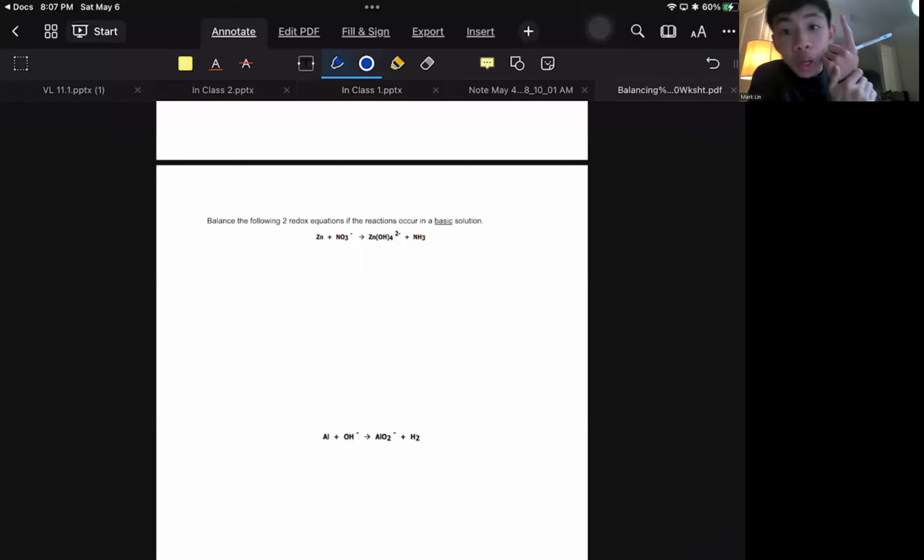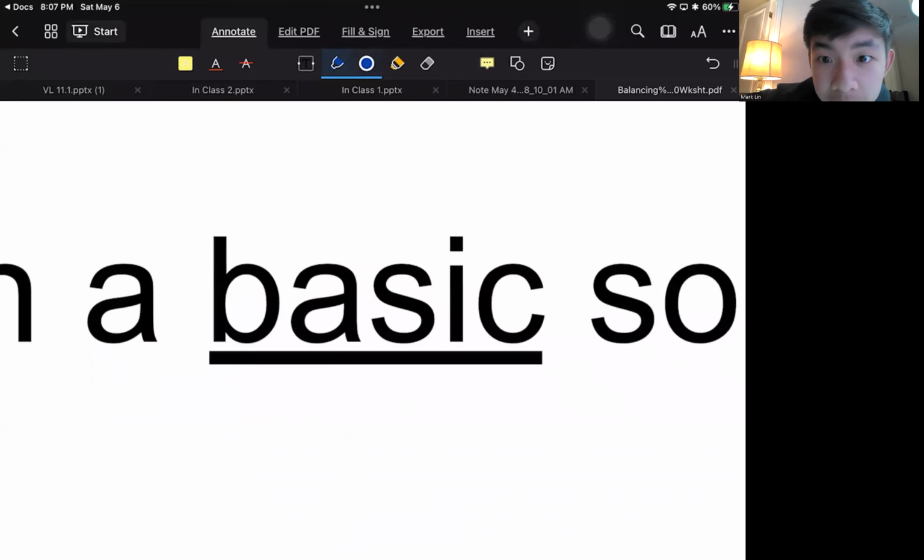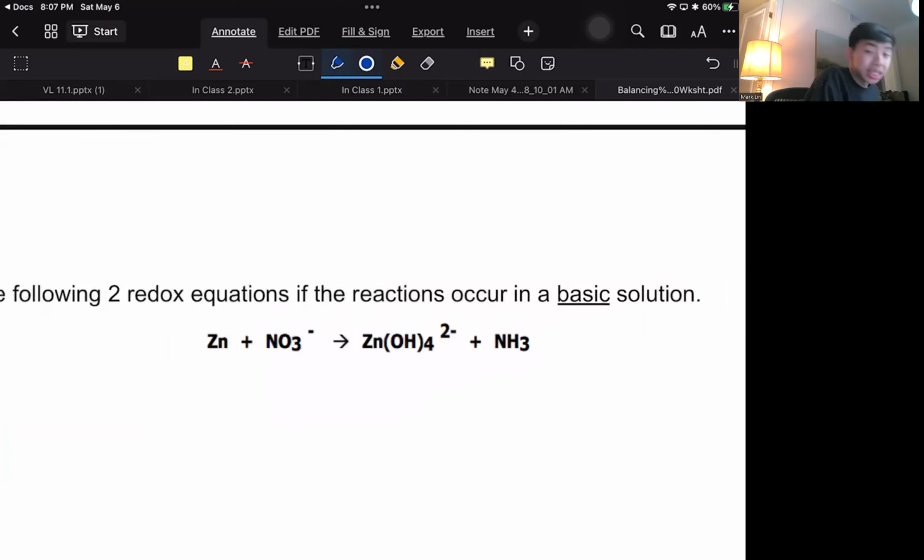The first page we did was acidic solutions. This one we're going to be doing basic solutions. Little different, just a slight difference.